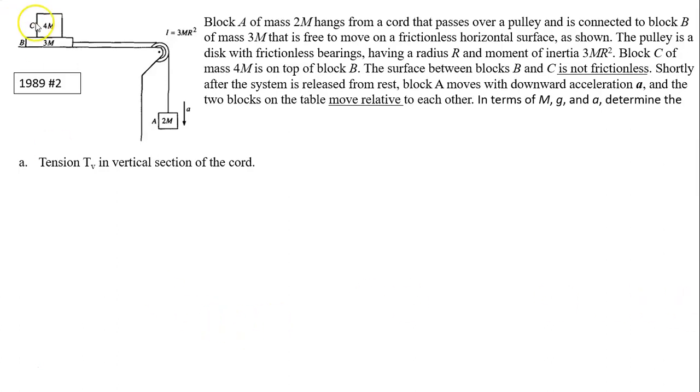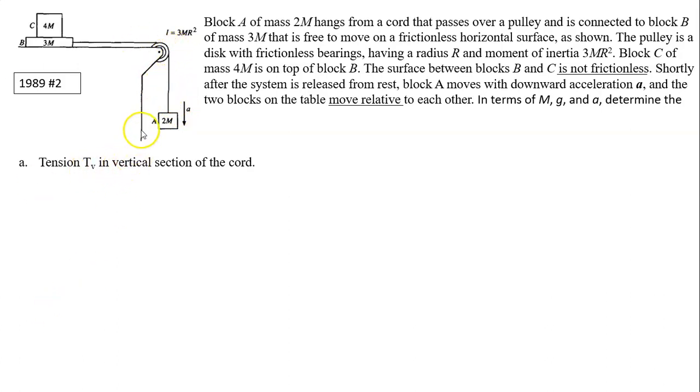Okay, so basically these two are moving relative to each other, but 3m and block 2m are moving with the same acceleration a, and the pulley is rotating without slipping. That means there is a relationship between the angular acceleration and a: a equals r times alpha.